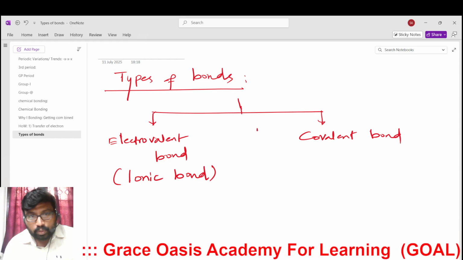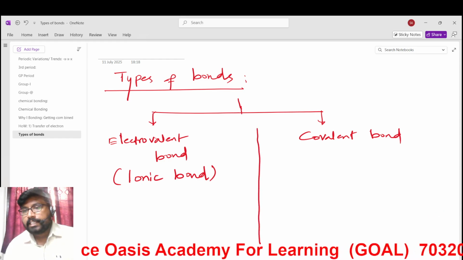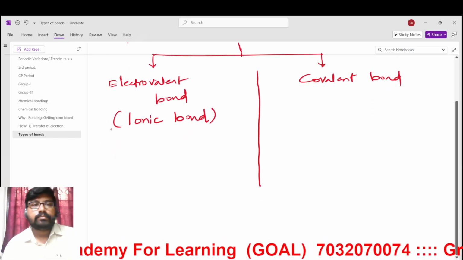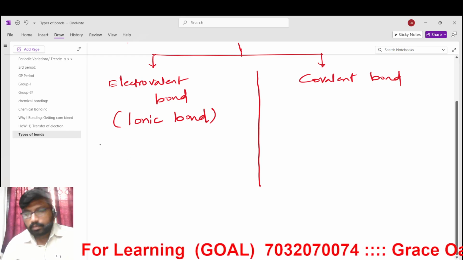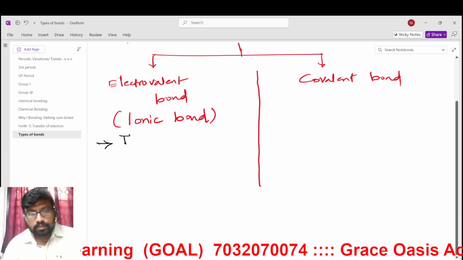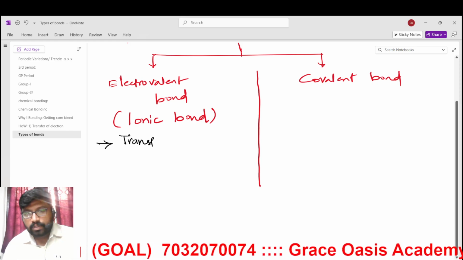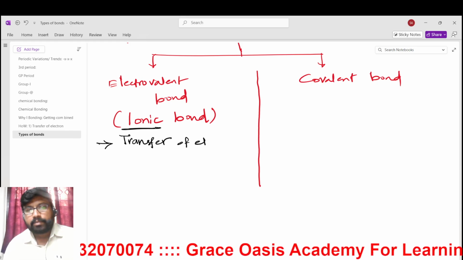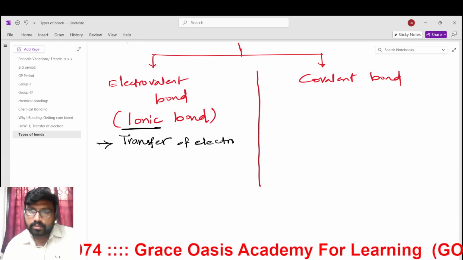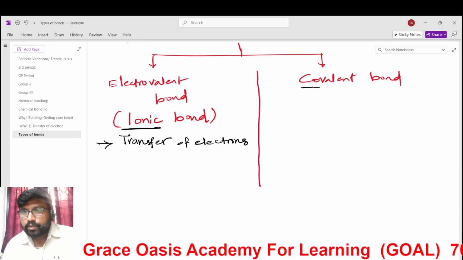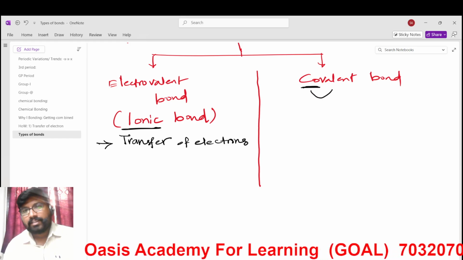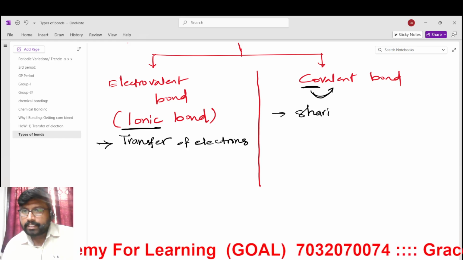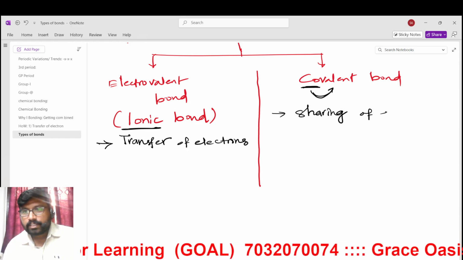What is the major difference between an electrovalent bond and a covalent bond? Ionic bond means transfer of electrons. Covalent, you see, co means sharing. Covalent is sharing of electrons.